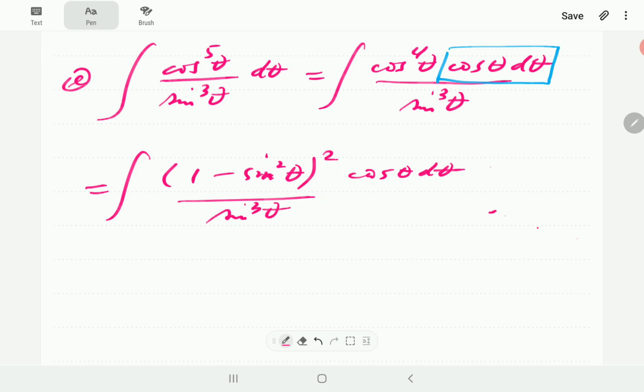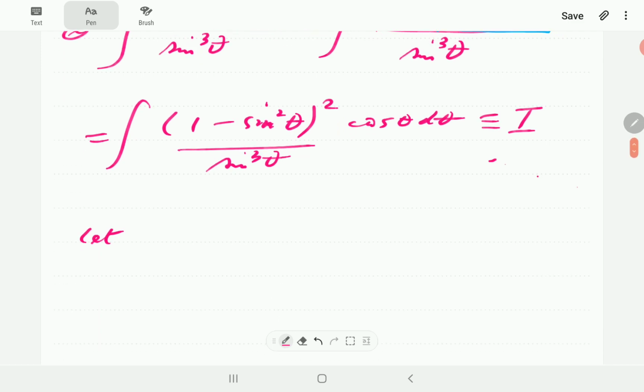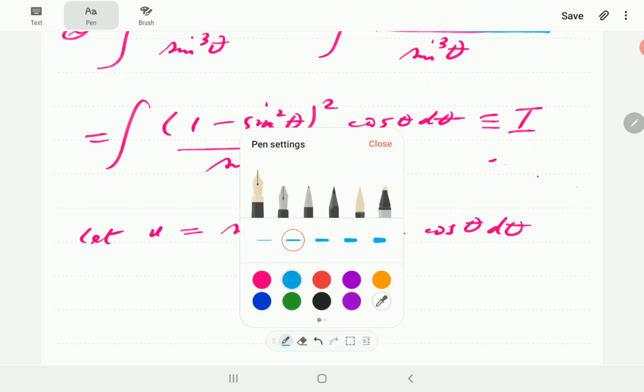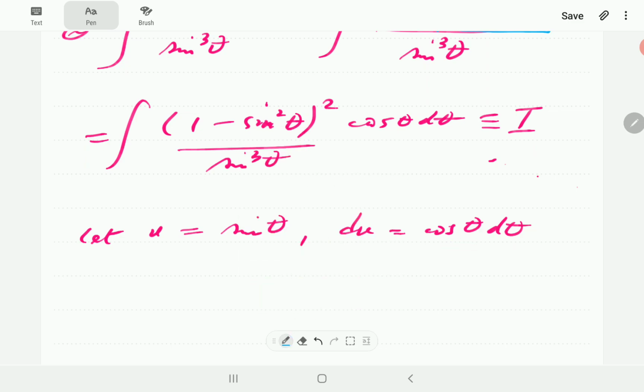We saved a cosine, so we let u be equal to the sine. Now that we've written everything else in terms of sine, then du, derivative of sine, is just cosine. So this is telling us that this is just du. This is going to be u cubed, that's going to be u squared.